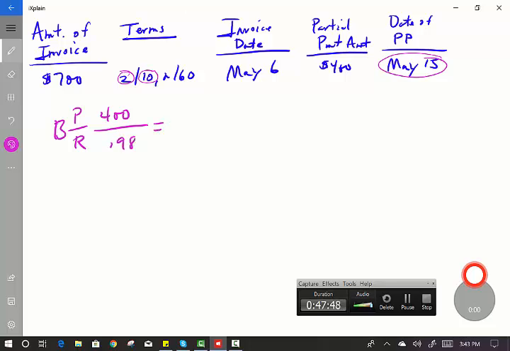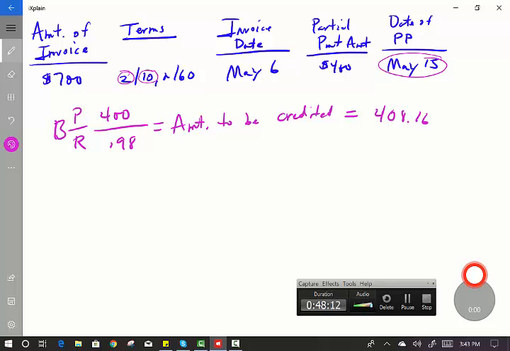This will give you the base, which is the amount to be credited. And that equals 400 divided by 0.98, which is $408.16. Okay, so that's the amount to be credited.